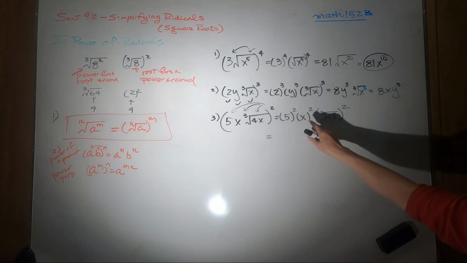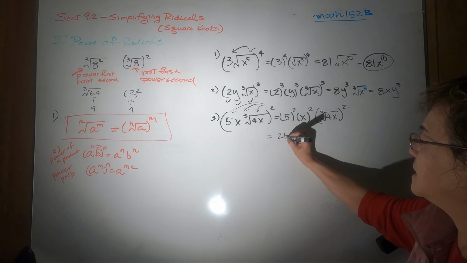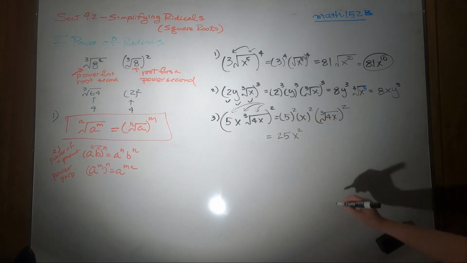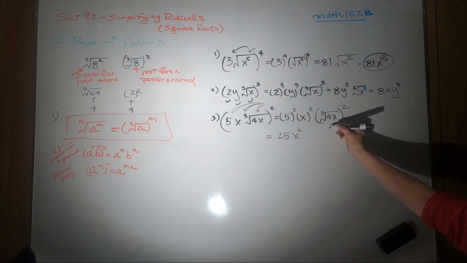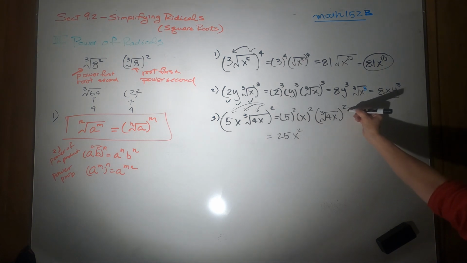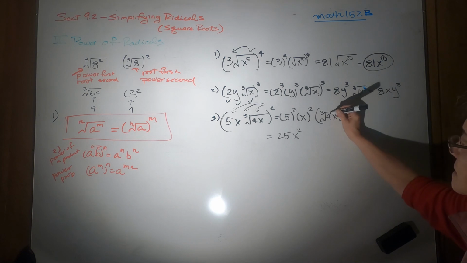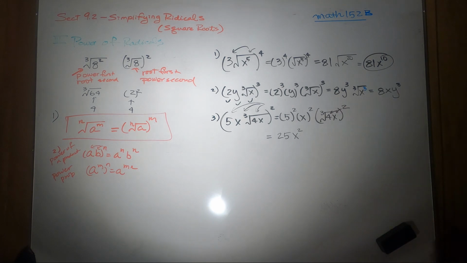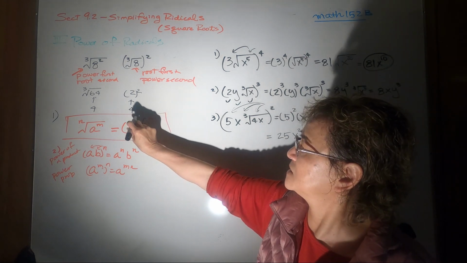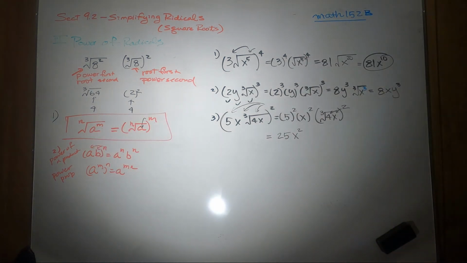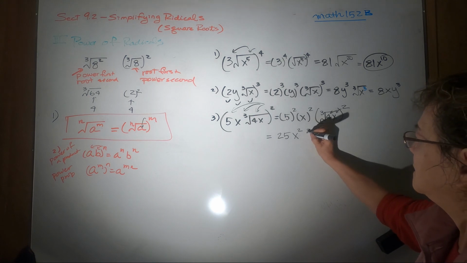Then 5 squared is 25, then x squared, then the cube root of 4x squared, nothing you can take out, right? When you apply the square, that means you move the 2 inside.